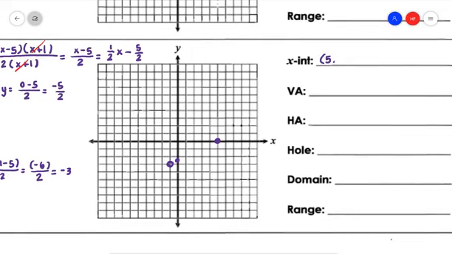Our x-intercept is at 5, 0. We don't have either asymptote. There is a hole at -1, -3. And then we said it was going to look like a straight line. So I'm just going to connect that as best as I can.